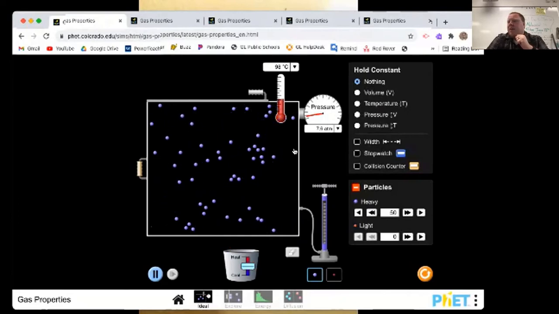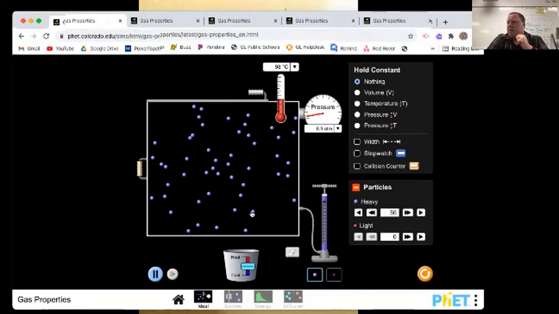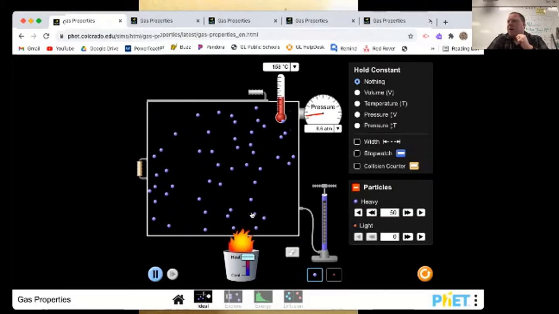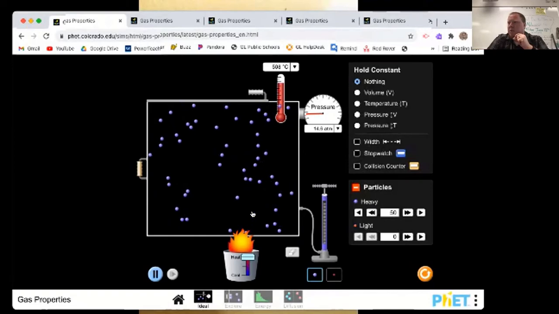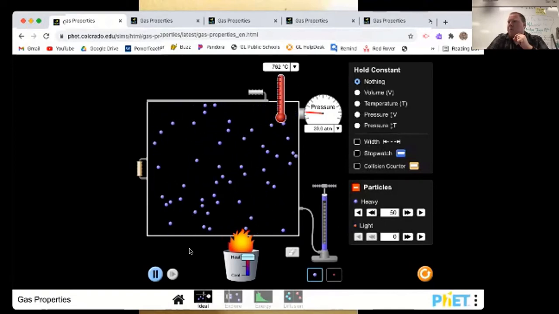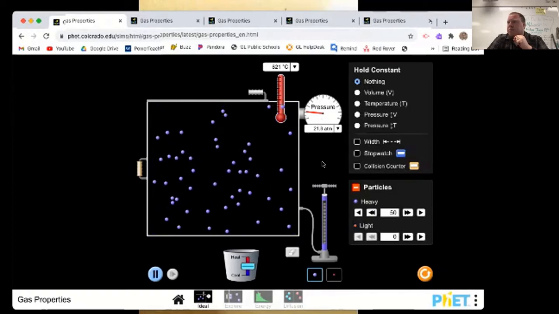Now I had a few of you mention the pressure. Okay. Now as I heat it, I want you guys to pay attention to this pressure gauge. Currently, it's at like 6 or 7. So if I heat it up, they move faster and they move faster and they move faster. And what happens to the pressure? See how it's increasing?